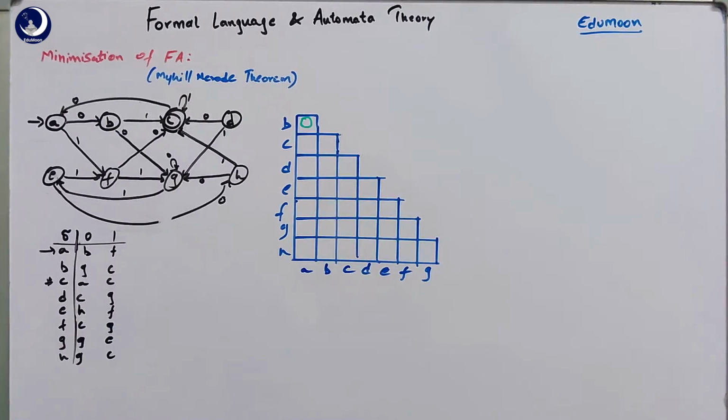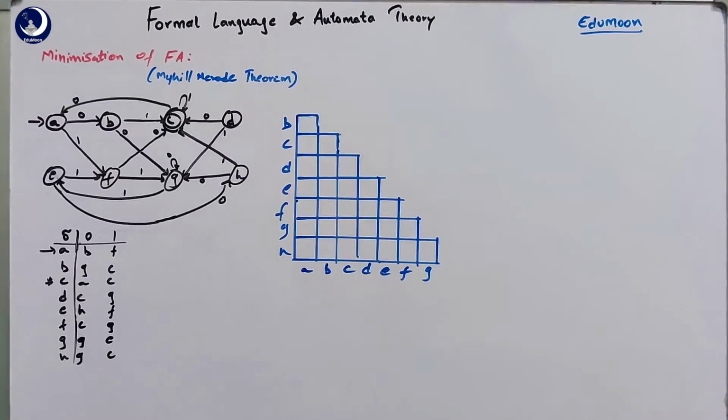There won't be anything like BA, so there will be only one combination for each pair of states. The first block is AB, the one below it is AC and so on, and there also won't be any diagonal, so there won't be any combination like AA, BB, CC and so on. This is how we create the table for the Myhill-Nerod theorem.